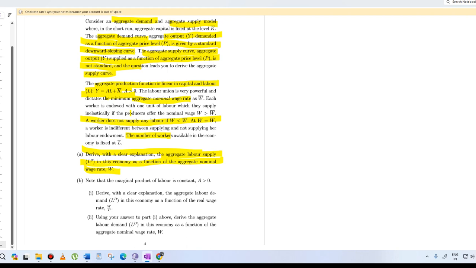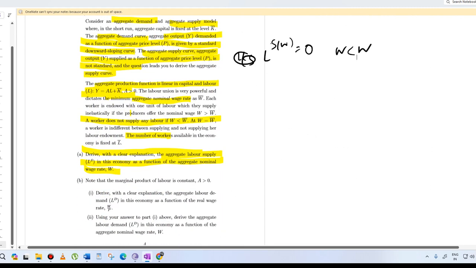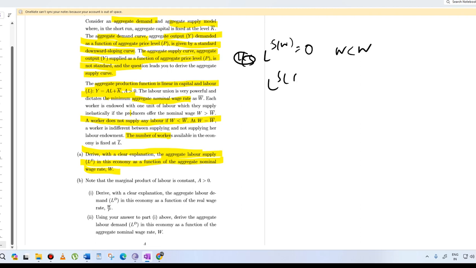A lot of things are given. So aggregate LS is expressed as L of S W, for W greater than or equal to W bar.